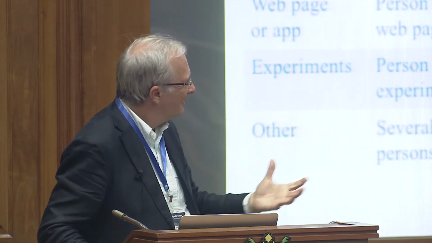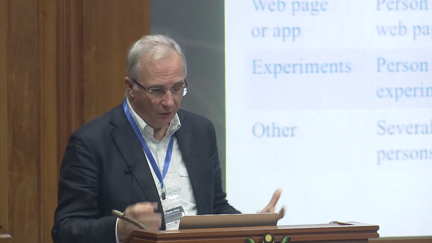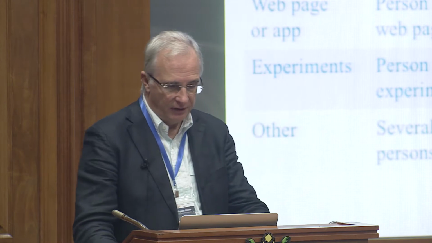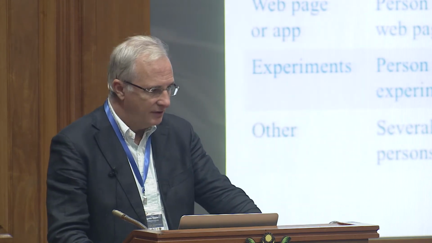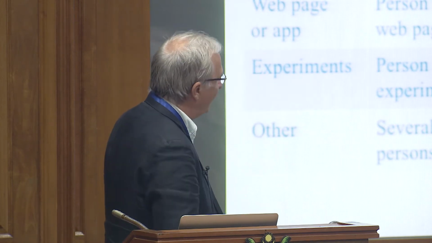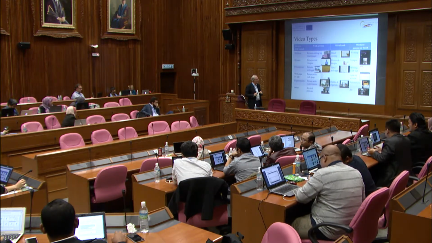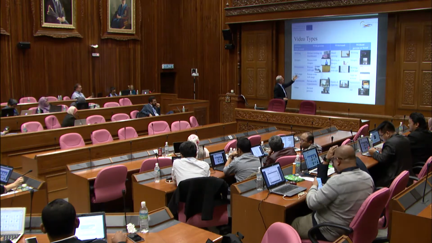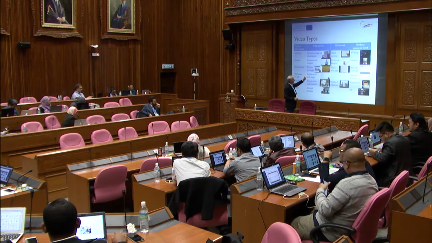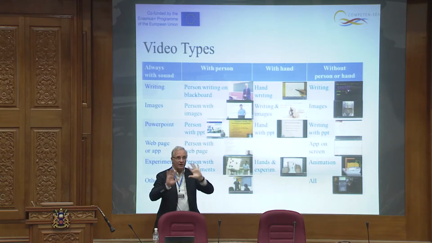So there are a great variety of possibilities. You need different tools. You need different settings. For instance, at our university, we have basically two kinds of spaces. One is a space to do something like this. So we have a green screen.